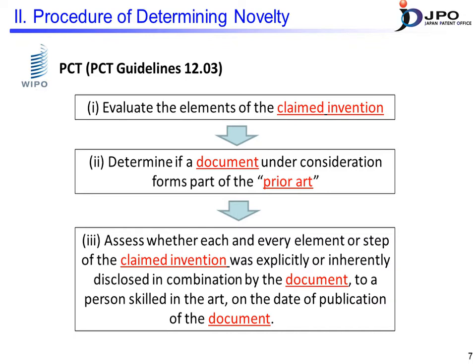This means, for example, that a document that was made public before the reference date can be prior art. Finally, assess whether each and every element or step of the claimed invention has been explicitly or inherently disclosed, in combination with the document, to a person skilled in the art on the date of publication of the document.